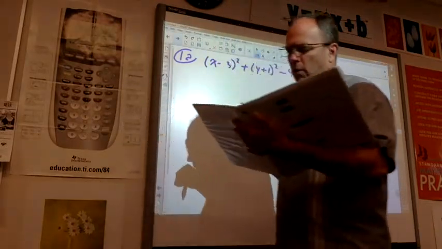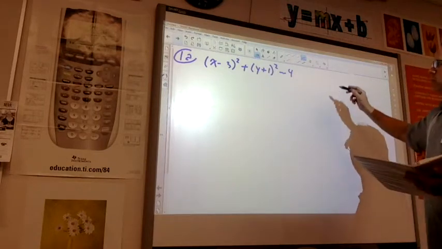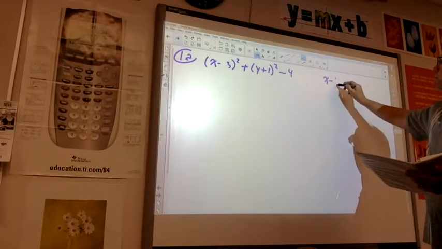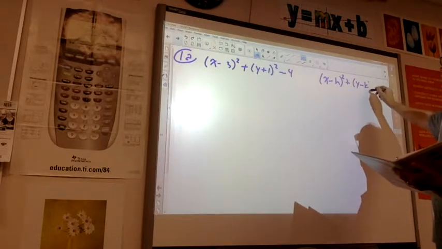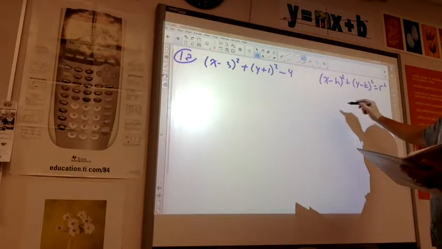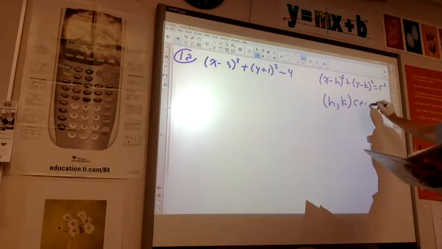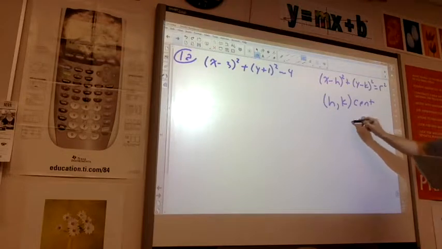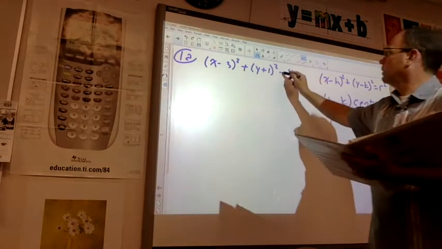Okay, so they want us to give the radius and the center. So here's the general form of a circle, where H comma K is the center, and R is the radius. That's an equal sign, sorry.